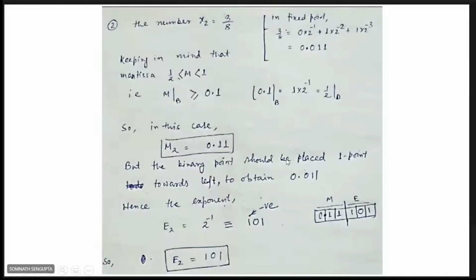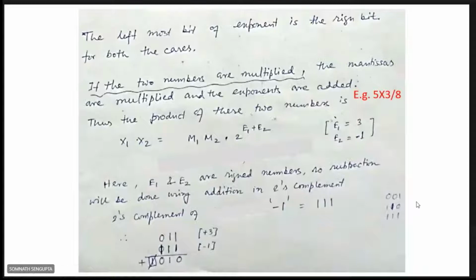Minus 1 is represented as 101. Here again there is a sign bit in the exponent part: the leftmost bit represents negative and 01 is the magnitude. So the number 3/8 in floating point is represented as 0.11101.